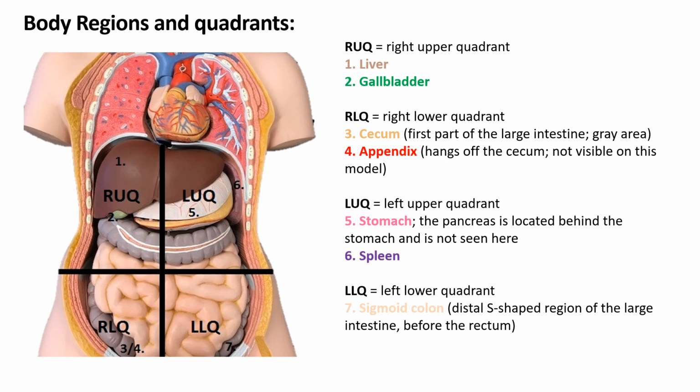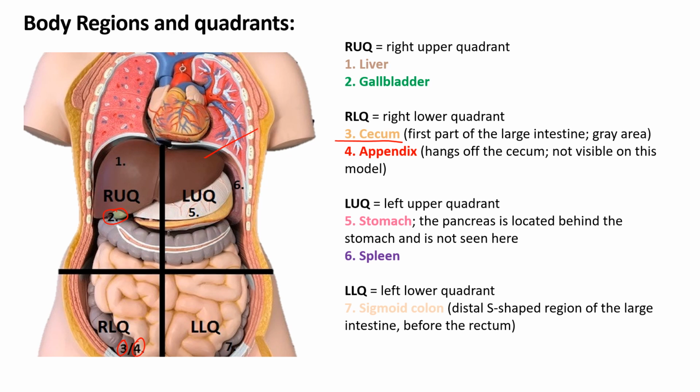Here we're going to use the quadrants. So let's begin with the right upper quadrant. Number one will be the liver. So all this organ here is the liver. Number two, in green, the gallbladder. Number three, down here in the right lower quadrant, we have the cecum.